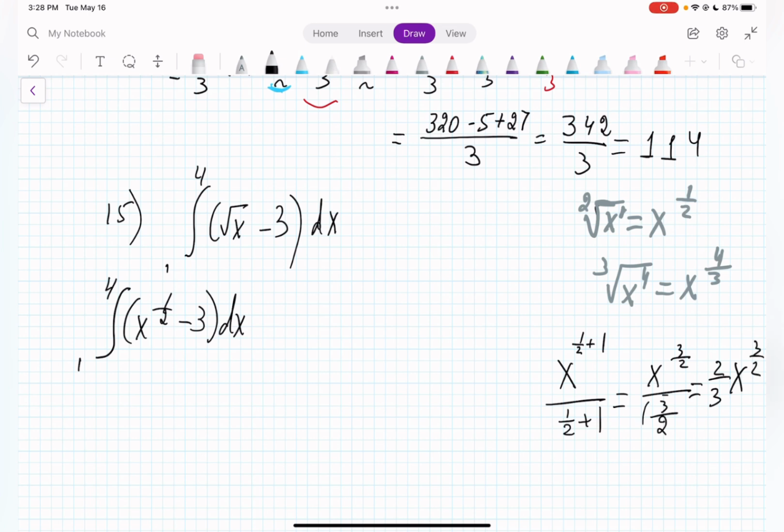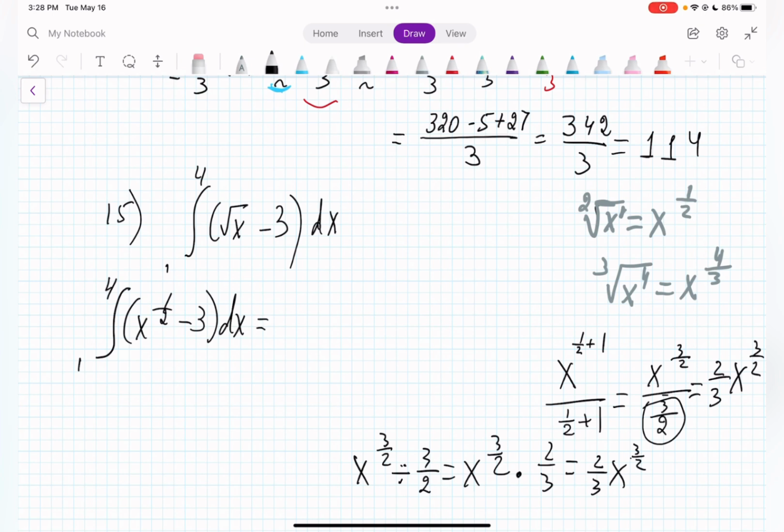When we divide, we flip the fraction. Look, x to power 3 over 2 divided by 3 over 2. Since it's division, I flip it, multiply by 2 over 3. And I'm getting 2/3 x to power 3 over 2. Okay?